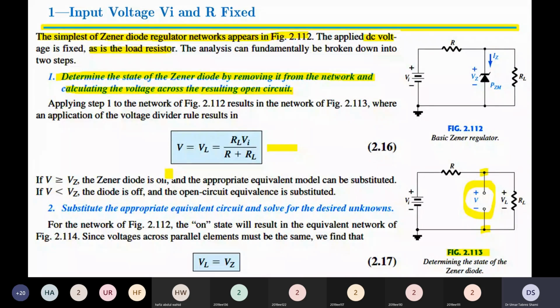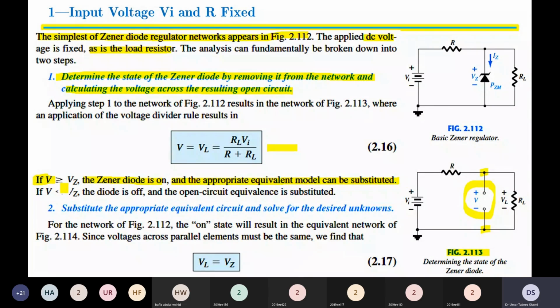Now, after performing this step, we have to make a decision. If the voltage calculated in our first step, as shown in equation 2.16, is equal to or larger than the Zener voltage of the diode we removed, if V is larger than or equal to Vz, then the Zener diode is on, it is working, and the appropriate equivalent model can be substituted.